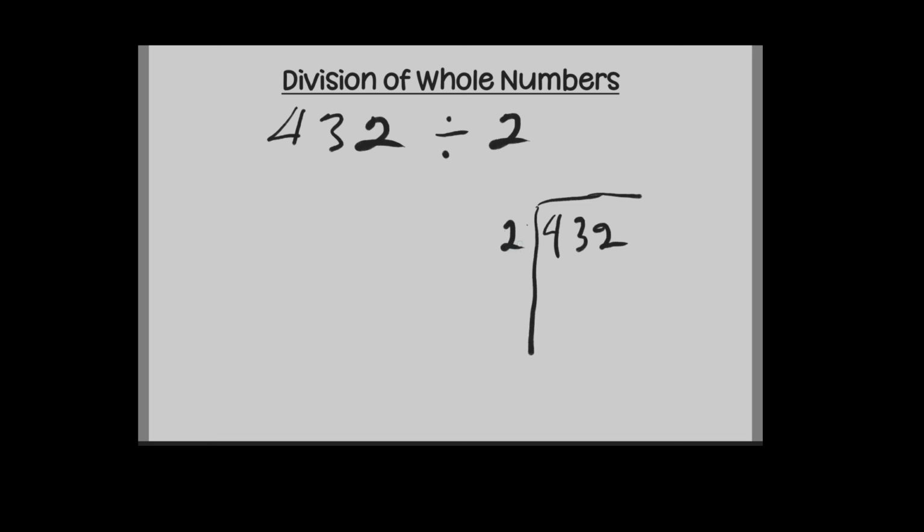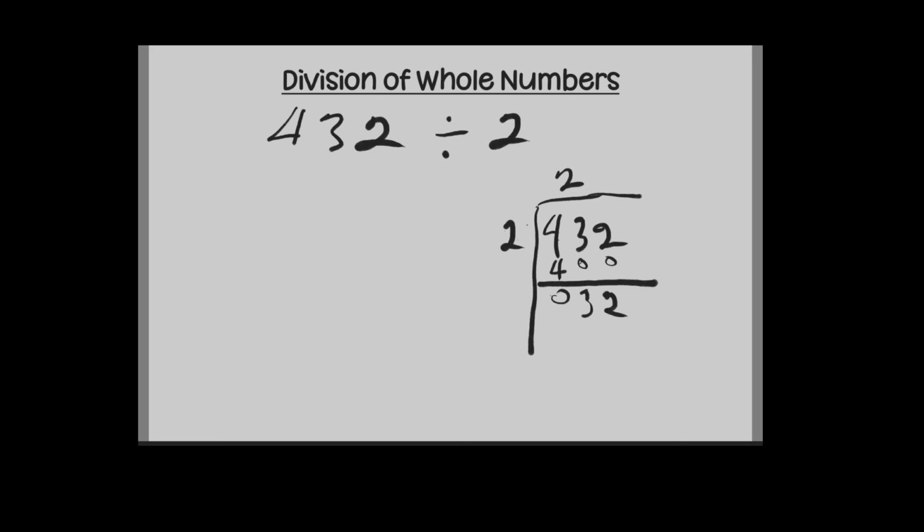So the first one will say 2 in 4 is 2. So write 2, okay? And then 2 times 2 is 4. So write 4 right here, and then write 0, 0. Now what you want to do is subtract 400 from 432. So if you do that, you're going to have 0, 3, 2.